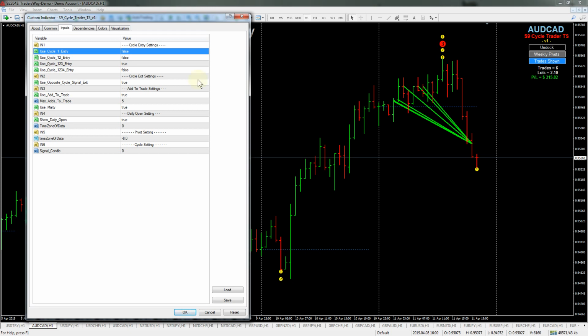Okay, now here what I've been saying is we got cycle 1. If you want to use cycle 1, where only this ball has to be present, like here, this would give you a trade because you only have the number 1 ball selected. And if you were using this set to true, you say enter on anything that has only 1 ball.